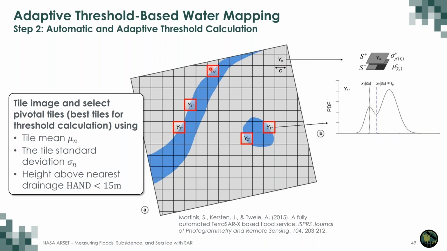So what does this mean? Tiles that have both water and land in them are darker than the average tile brightness because the water surfaces are much darker than the land surfaces. So those tiles are biased low in average brightness compared to a tile over here, which only contains land surfaces. So that's the first indicator.